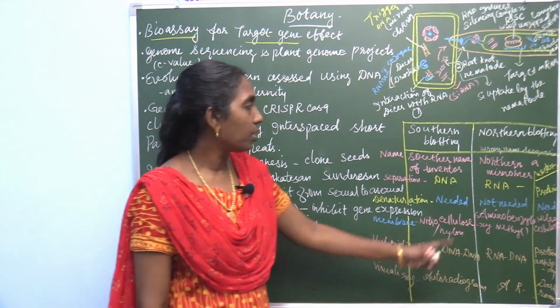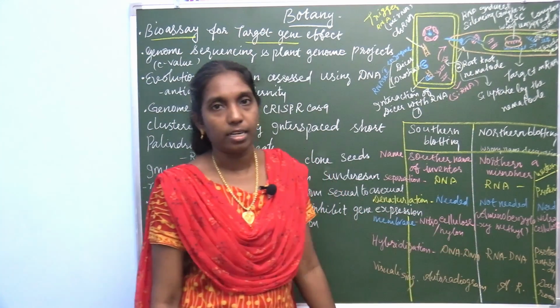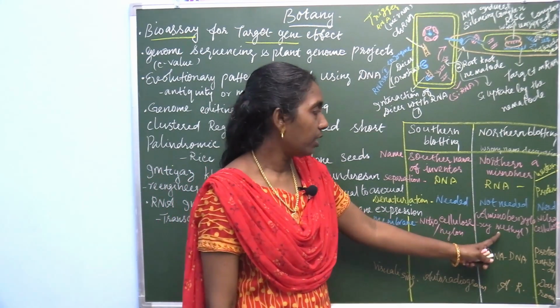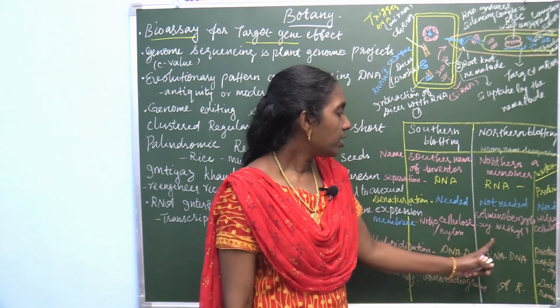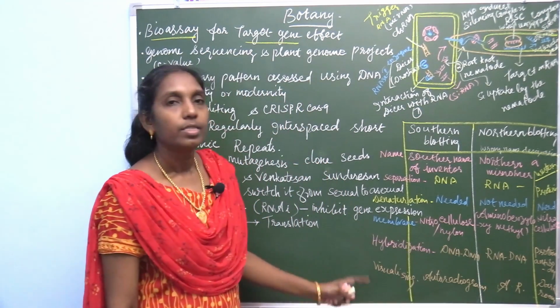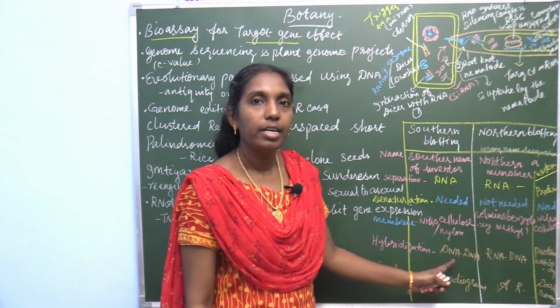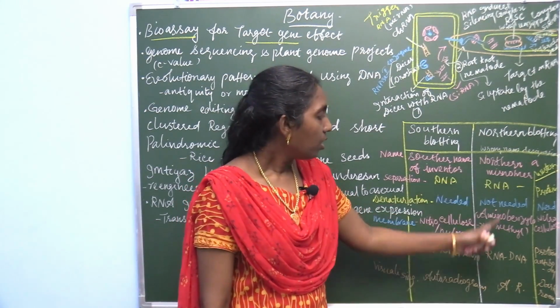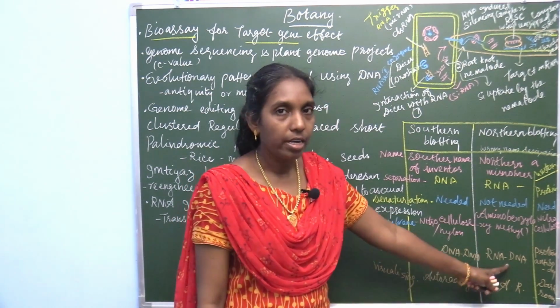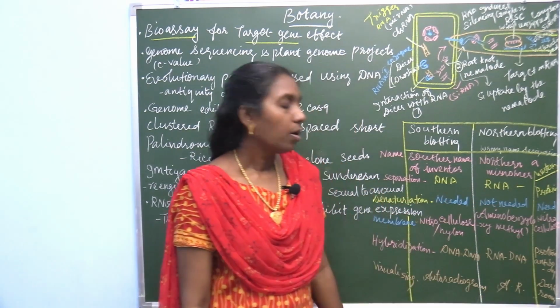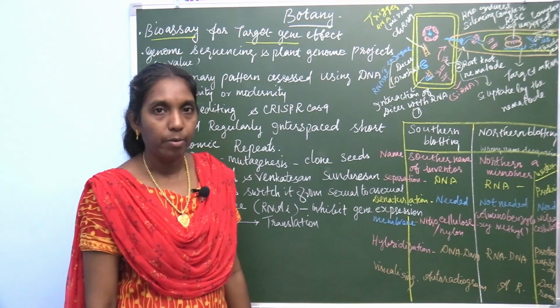Aminobenzyloxymethyl is used only in northern blotting technique. One word question, also it's important, aminobenzyloxymethyl. Then hybridization. In southern blotting, DNA hybridization; northern blotting, RNA to DNA hybridization; then western blotting, protein antibody hybridization.